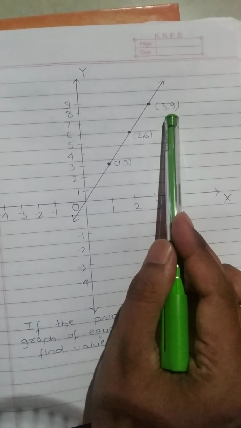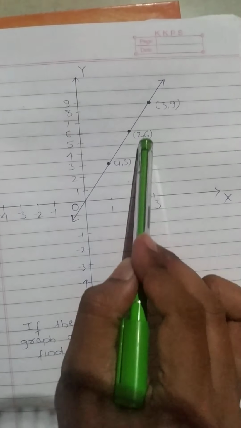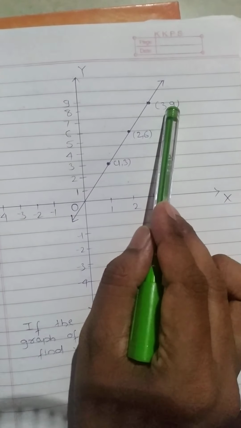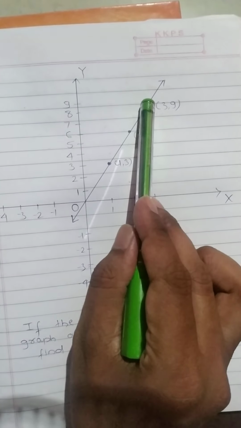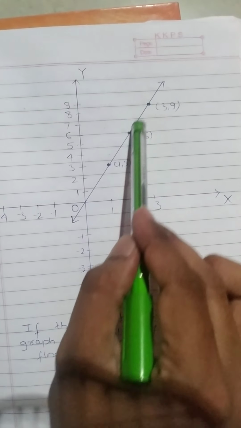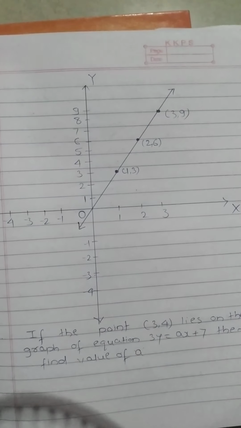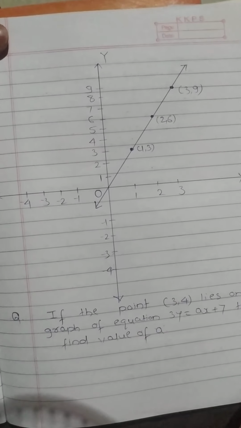Next point is (3, 9): on the x axis we find 3, and on the y axis 9. If we join all 3 points we get the graph of the given linear equation.